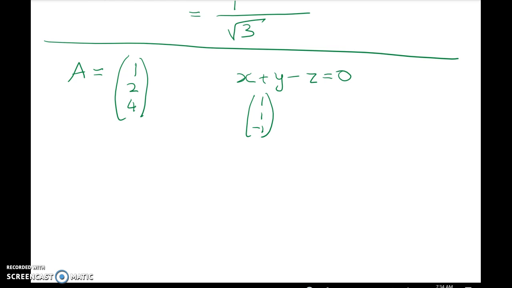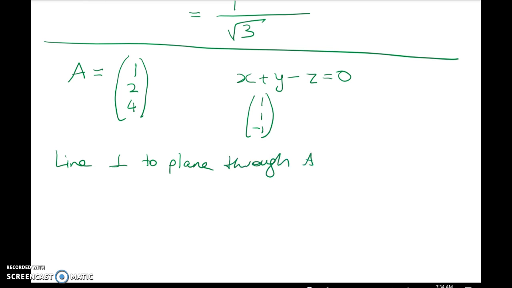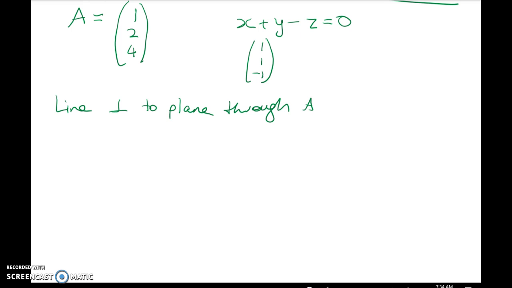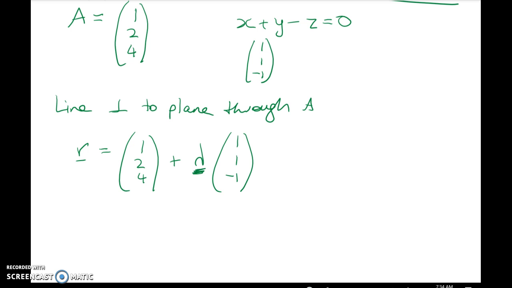So if we want to do the line that's perpendicular to the plane through A, we can easily write its vector equation, and that's r equals 1, 2, 4 plus lambda with the normal direction vector.